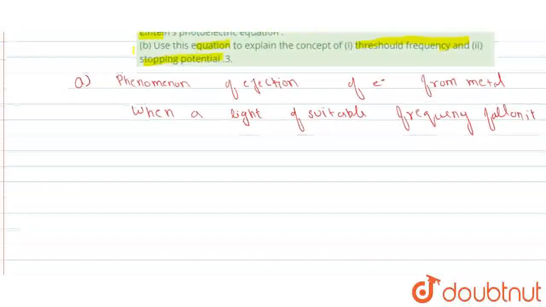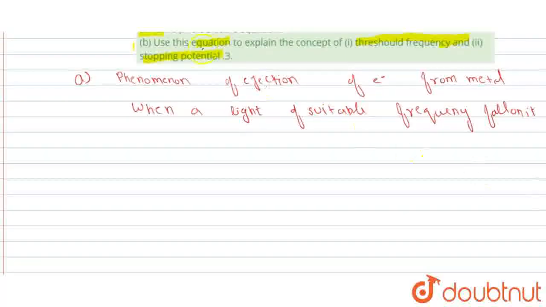So it is the basic definition of photoelectric effect. Now come to the part of the question. There are three experimentally observed features. Here, the first feature is threshold frequency. So, what is that frequency?